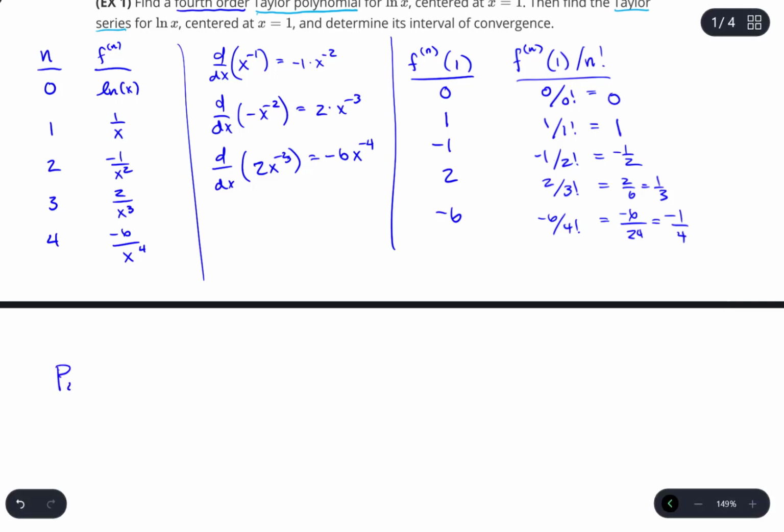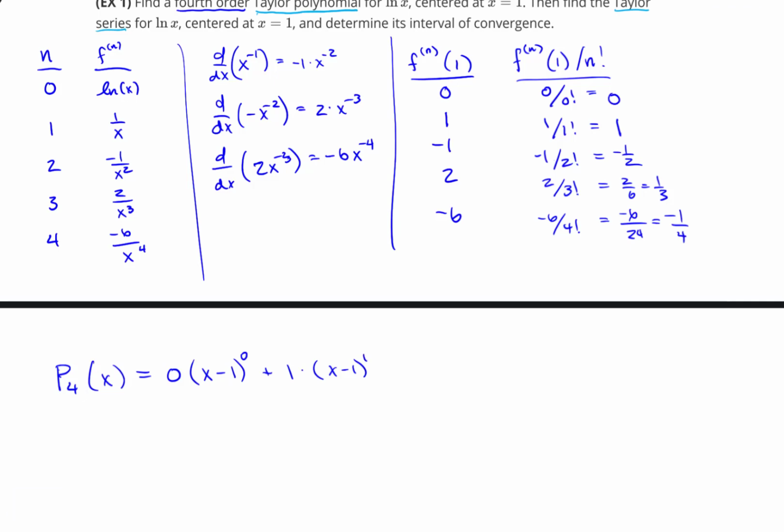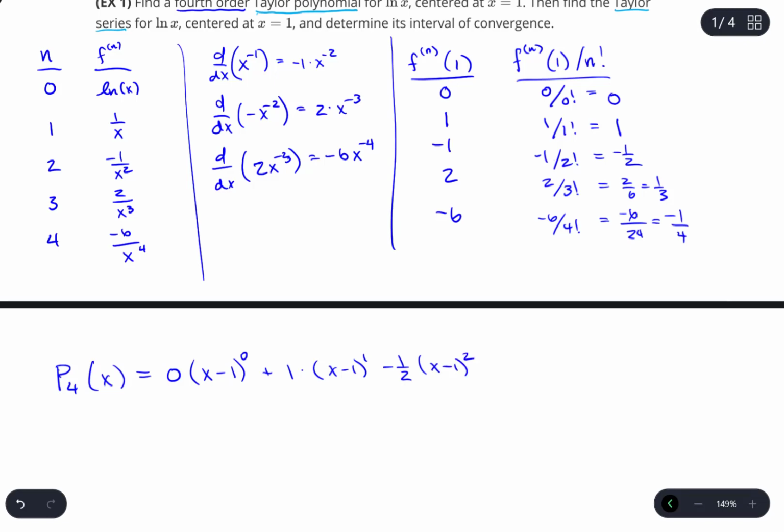So I'll say p sub 4, the approximating polynomial of the fourth order, is going to be this coefficient times x minus 1 to the 0 power, plus this next coefficient times x minus 1 to the first power, plus this next coefficient, so minus 1/2, times x minus 1 to the second power, and so forth. So then plus 1/3 x minus 1 to the third power, minus 1/4 x minus 1 to the fourth power.